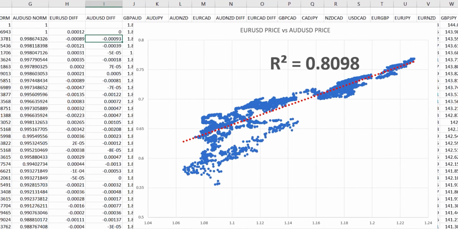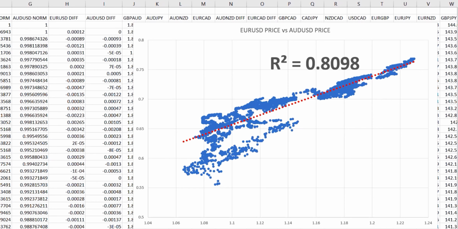And so what this now tells us is that euro dollar moved up this hour, whereas Aussie dollar stayed constant. Then you can see in the next hour, they both went down, then they both went down again, but then euro dollar went up and Aussie dollar went down. And it's this behaviour that we're interested in.